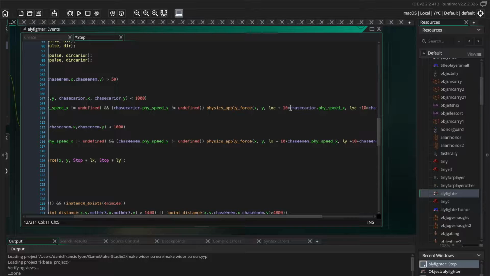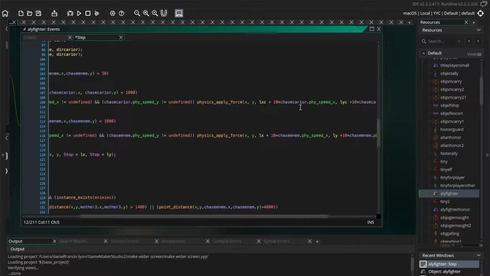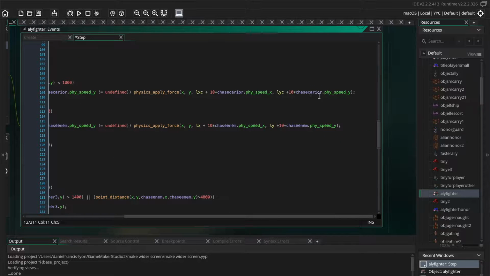However, I have added one more thing here, which actually makes the force not completely constant. And that is that I have also added the x component of the carrier's speed to the x component of the force. I've added the y component of the carrier's speed to the y component of the force I'm applying.